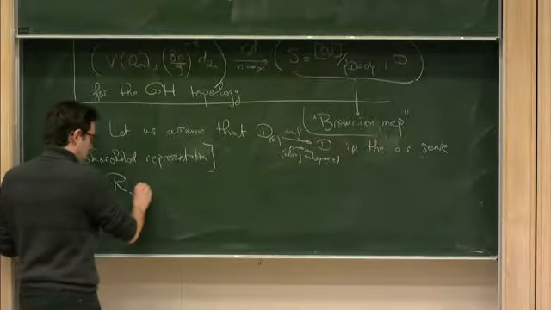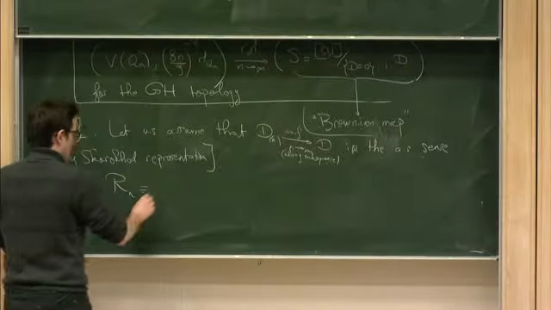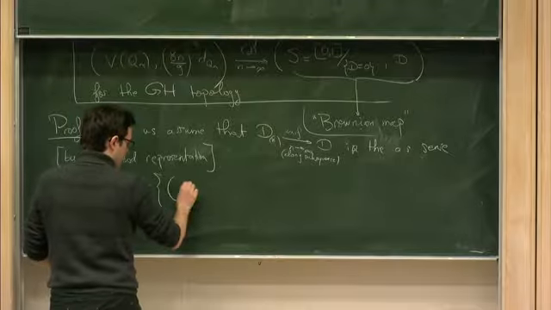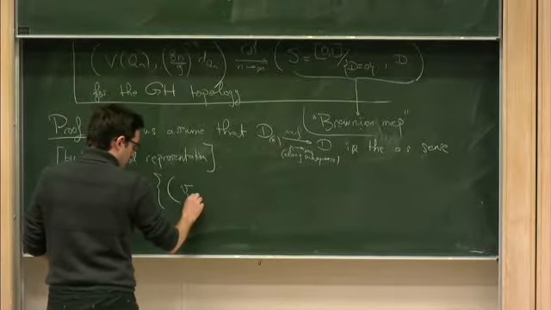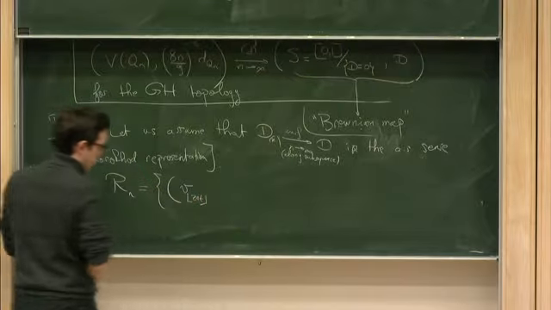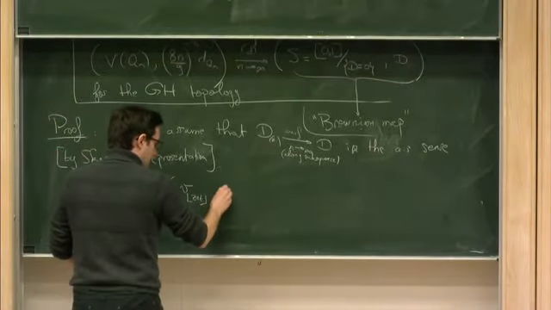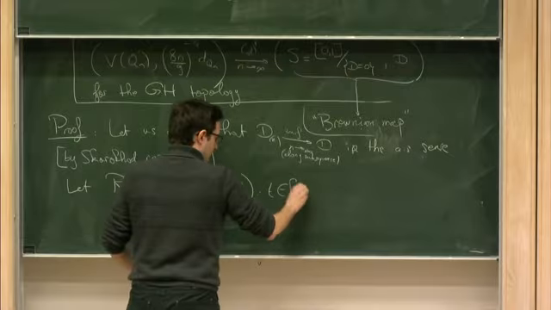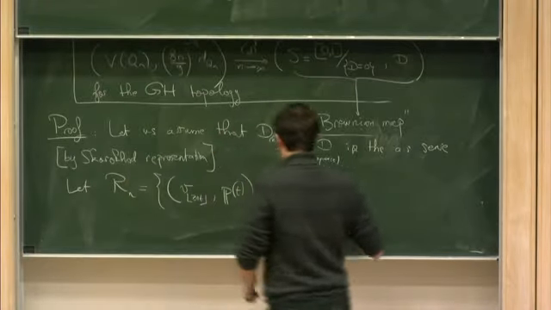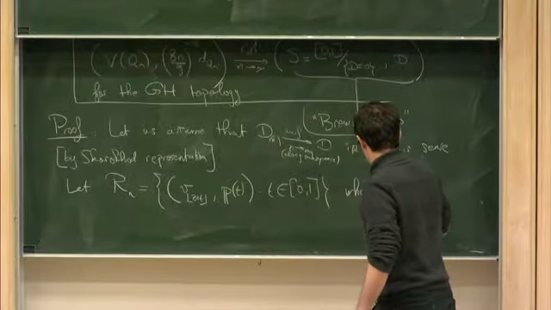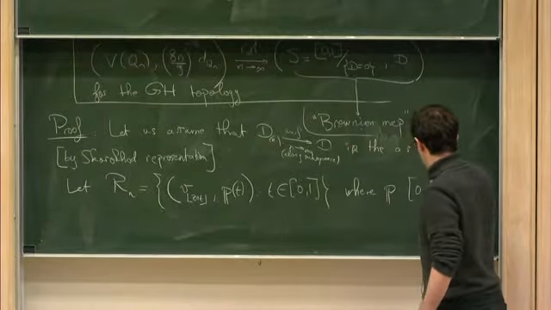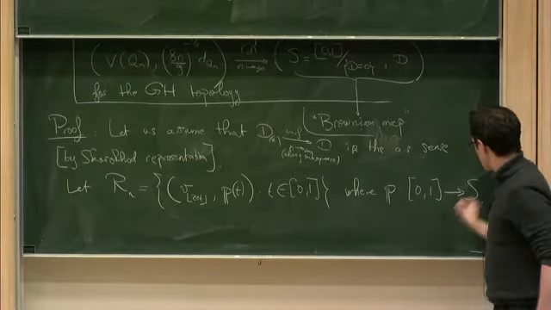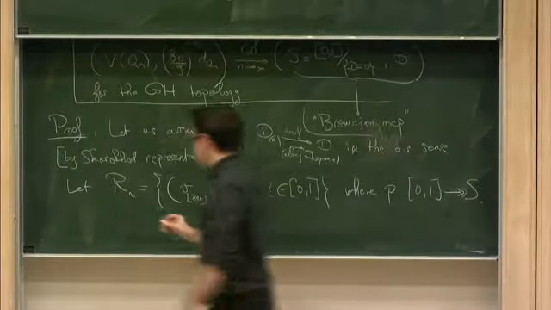Well, there is a very natural way to do it, which is simply to consider the set of pairs of the form (v_t, p(t)) for t in [0,1], where p is the canonical projection from [0,1] to S. S is the quotient set here.